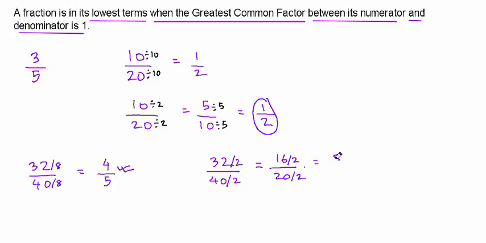So we have an 8 on the top and a 10 on the bottom. Divide with 2 again. 4 on the top and a 5 on the bottom. And that is the simplest form because there's no common factor between 4 and 5 other than 1. So we get the same answer, but we needed more steps because we didn't divide with the greatest common factor.